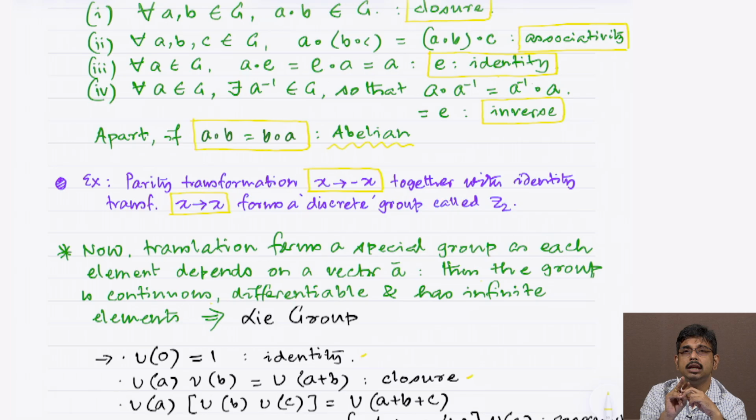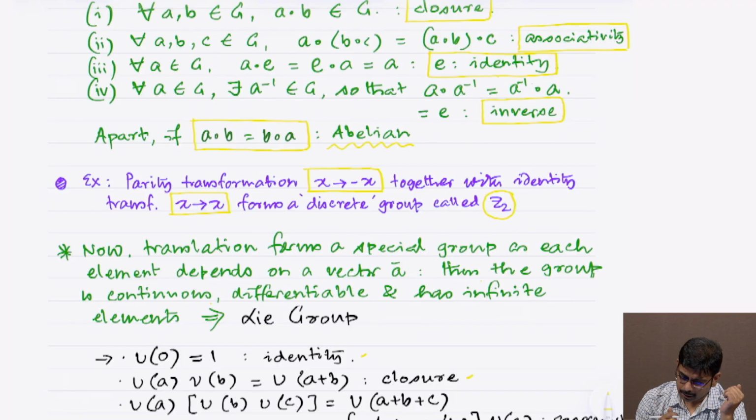These two elements actually form a discrete group called Z2, and this group is also heavily used in particle physics. Particularly, we will come back to it in the very last lecture when we talk about the possibilities of explaining the dark matter of the universe, and we need some symmetry arguments to stabilize it, and we will come back to this symmetry group Z2.